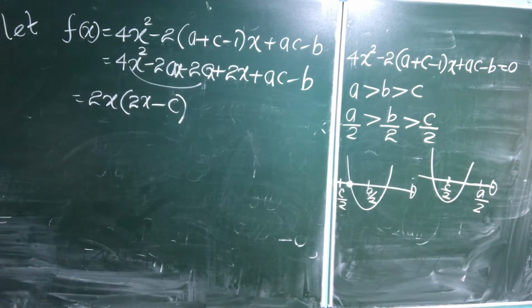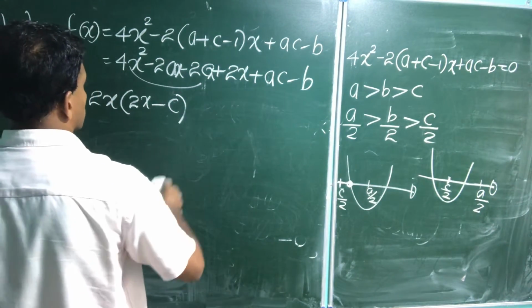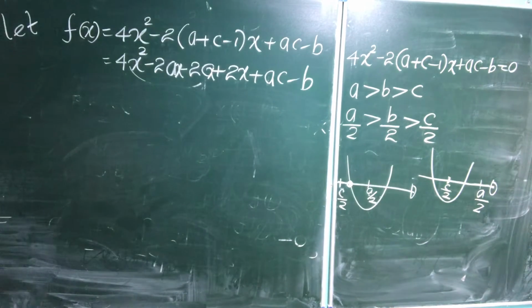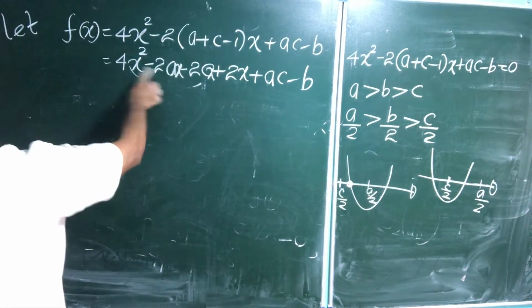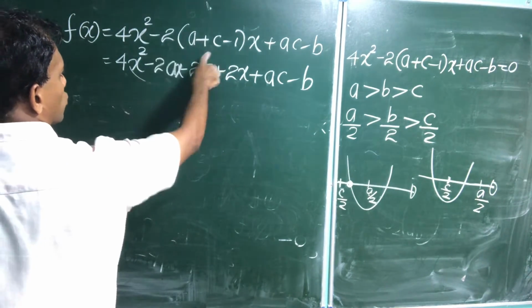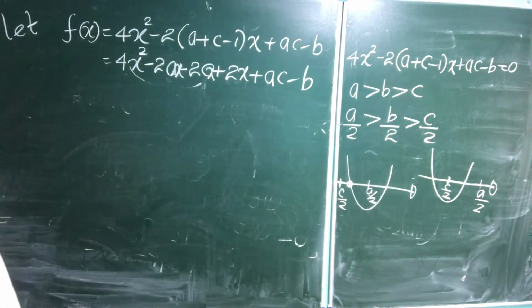See, can you factorize another form? Wonderful one, the factorization, 2x minus a, 2x minus a. Take the 2x here, okay, now 2x minus a, and here c minus 2x plus 2x plus ac minus b. So ac minus 2x minus b.